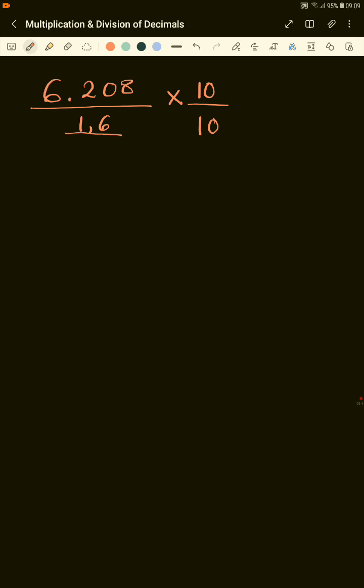If you multiply 6,208 by 10, you're going to get 62,08, because multiplication by 10 is just a movement of the comma one place to the right. And 1,6 times 10, you get 16.